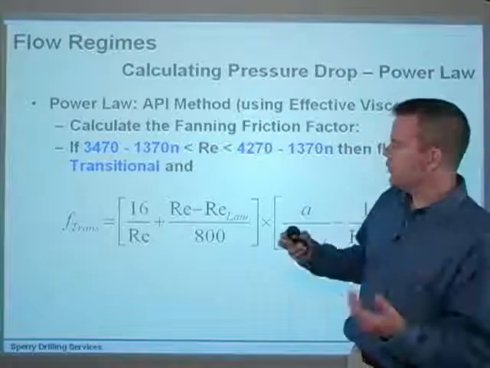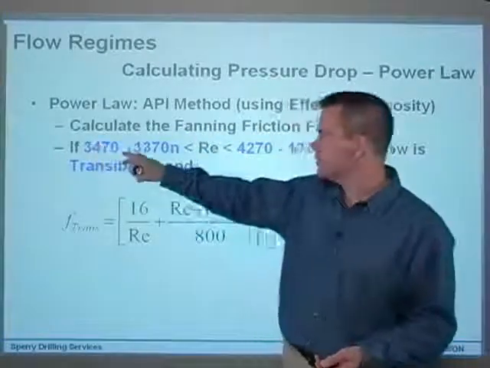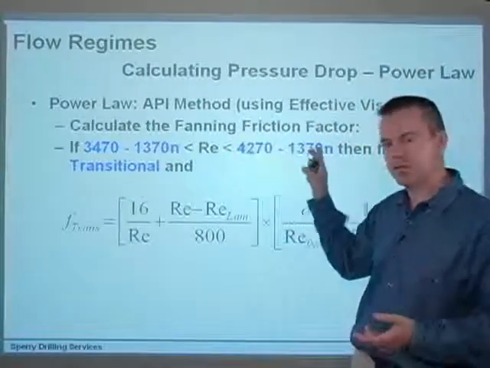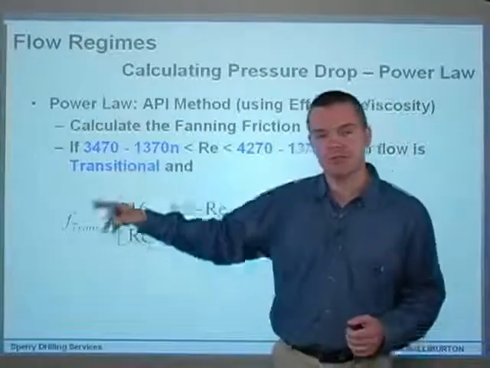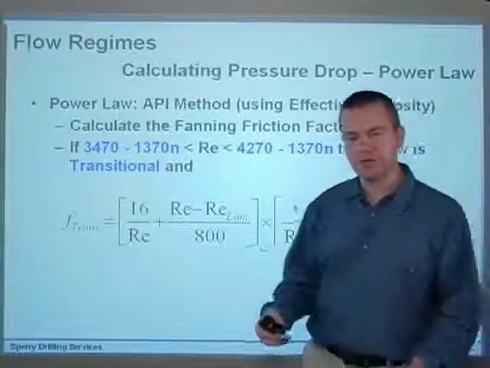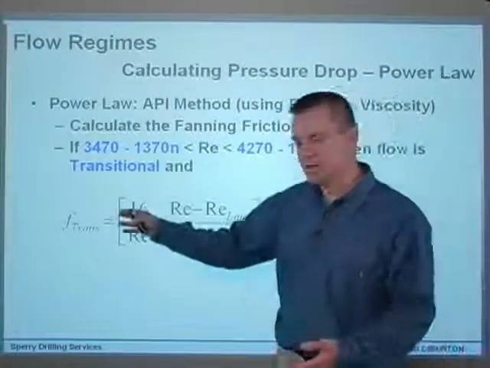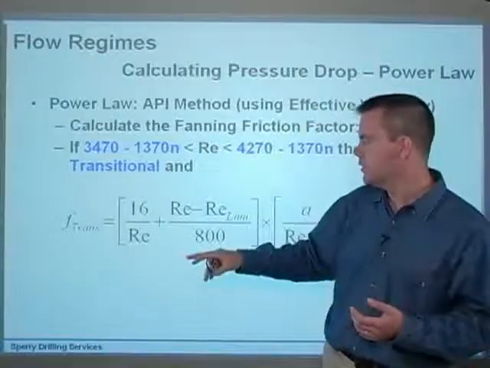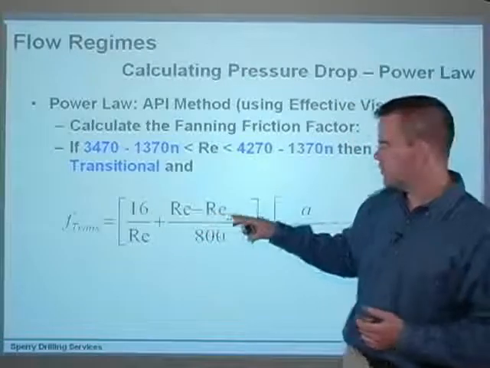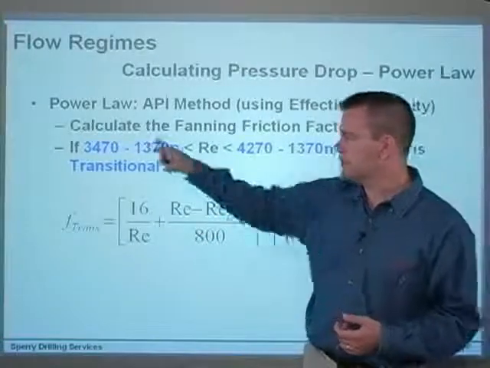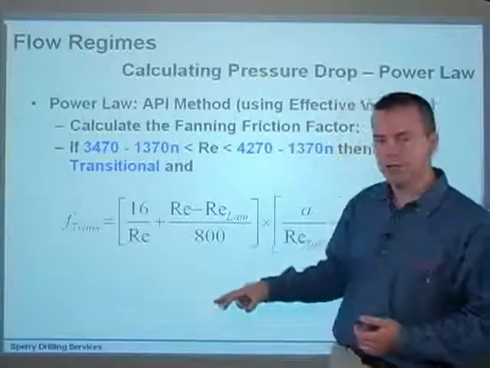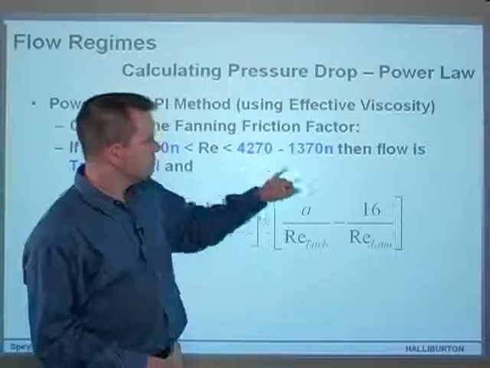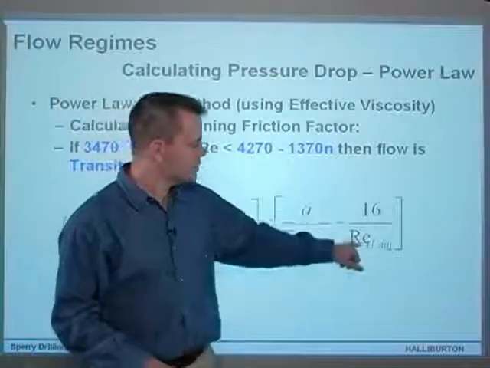Now, if the Reynolds number that you calculate is between your laminar flow boundary, which is 3470 minus 1370 times n, and your turbulent boundary, which is 4270 minus 1370 times n, then the flow is basically transitional. So you have to work out a transitional fanning friction factor, which is an incredibly complicated equation. 16 over Reynolds number, the actual Reynolds number that you've worked out here, plus that same Reynolds number minus your laminar boundary Reynolds number, divided by 800, times A divided by your turbulent boundary minus 16 over your laminar boundary.